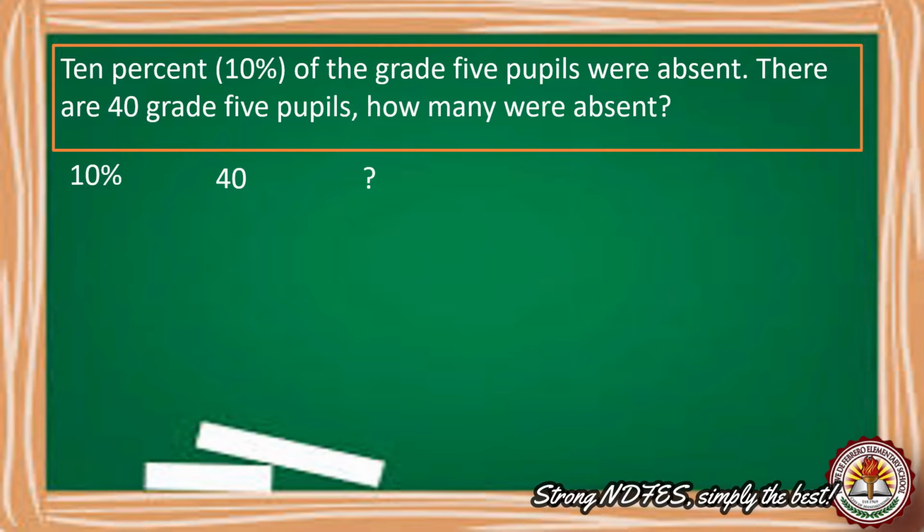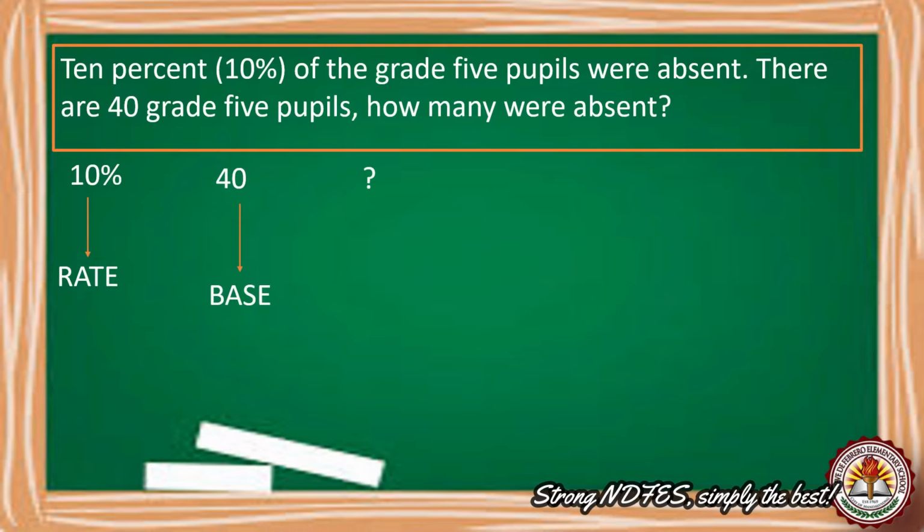So, let us identify the missing element. So, 10%, as you can see, there is a percent sign. So, that is the rate or percent. Next, 40. 40 is the total grade 5 pupils. So, if we say total, that is the base.